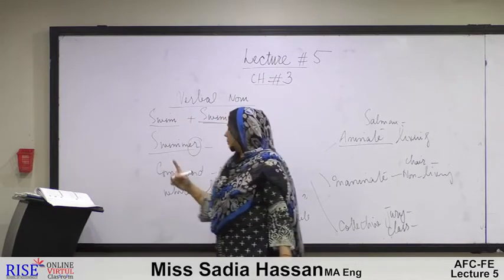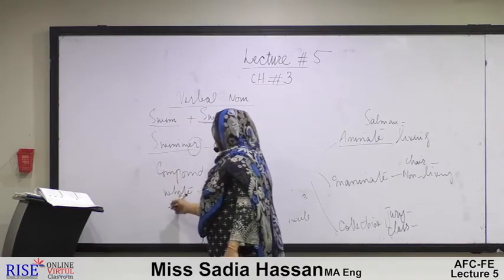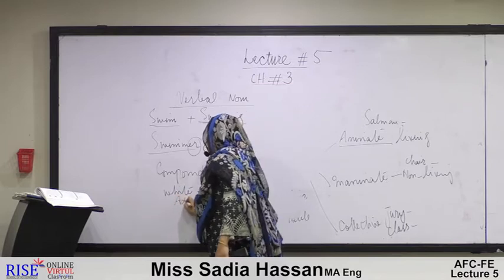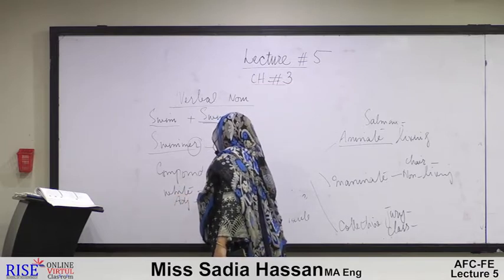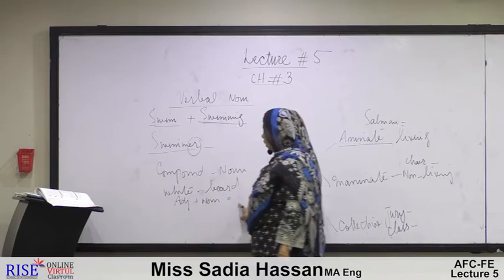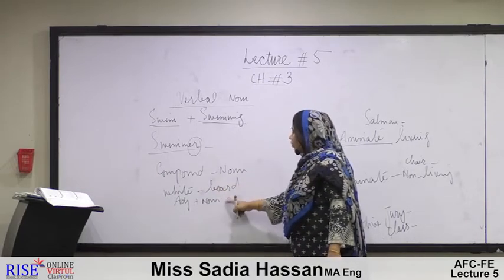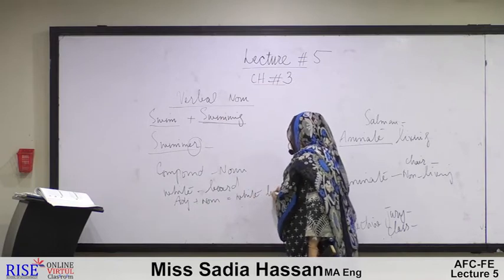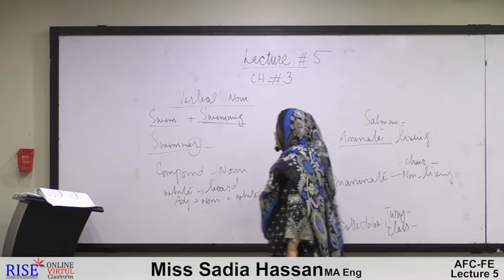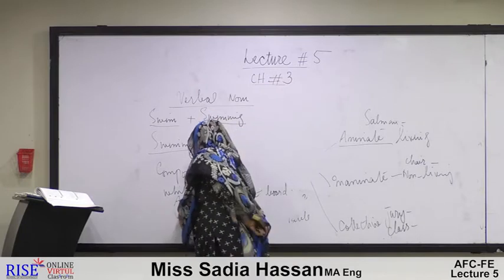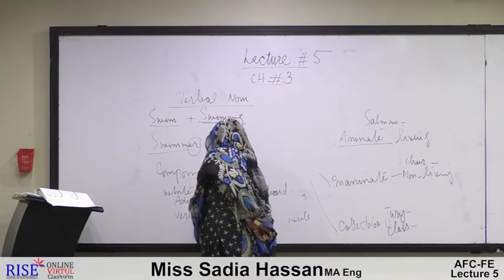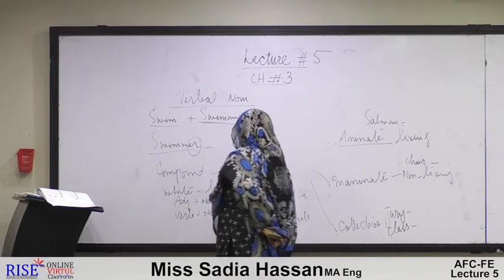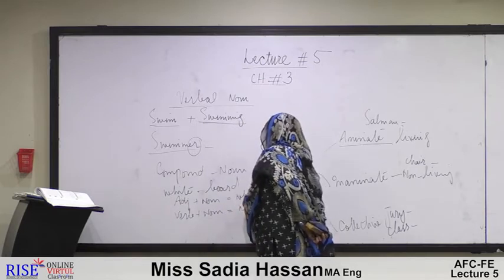A combination can rather be an adjective plus noun. I have combined an adjective with a noun, that is called a compound noun, whiteboard. Sometimes it is a verb plus noun, that is called washroom.